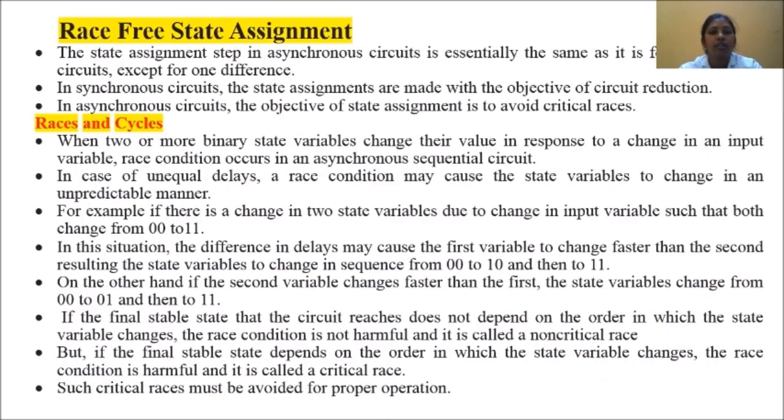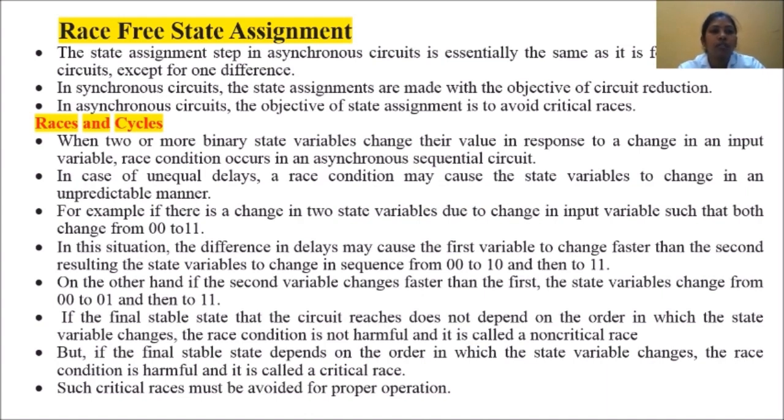So after this, we need to identify the races and cycles. The definition of a race is when two or more binary state variables change their value in response to a change in an input variable, a race condition occurs in the asynchronous sequential circuit.